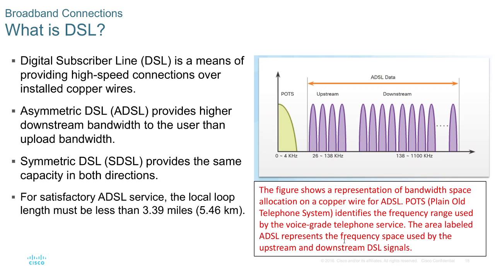The basic idea here is, this is the communication spectrum, or the frequency of the communication link, and the normal POTS, the telephone line or the plain old telephone system, will use only a bit of the frequency there. Beyond that, the frequency is not utilized.